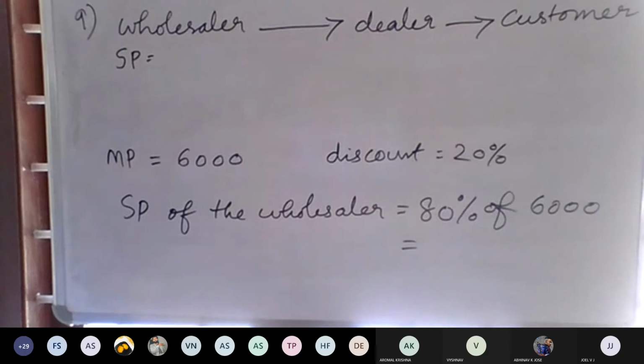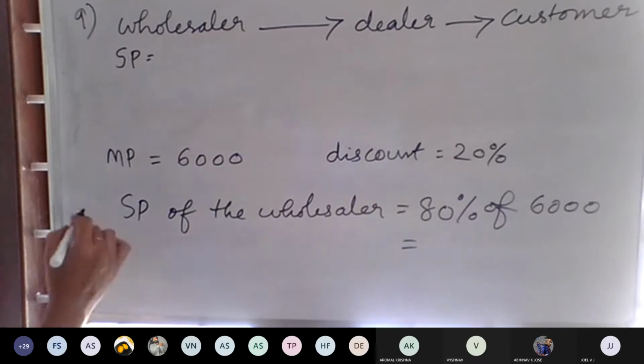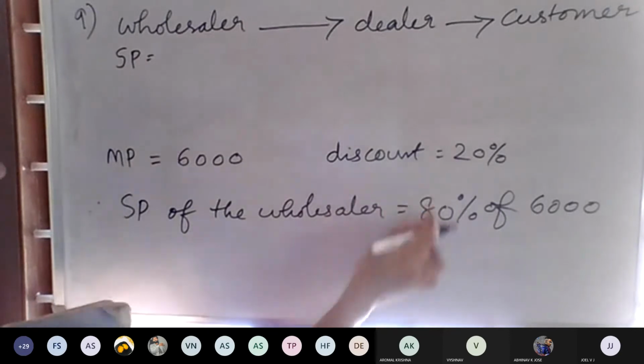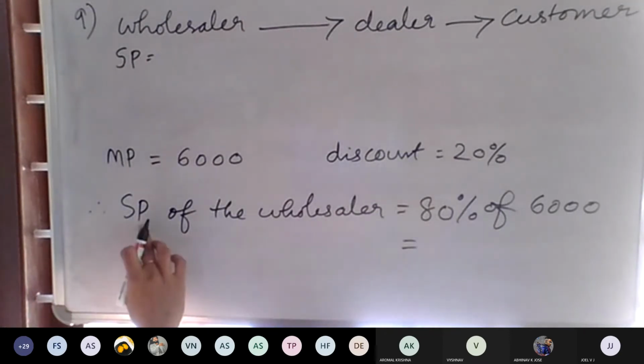Write down: marked price of an article is equal to 6,000. Discount is equal to 20%. Therefore, selling price of the wholesaler is equal to 80% of 6,000. Don't write 20%; selling price only we are writing, not the discount.